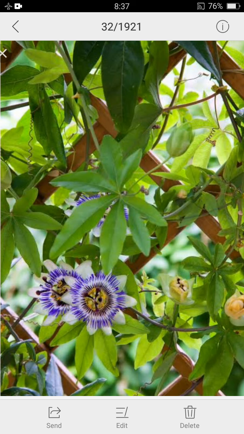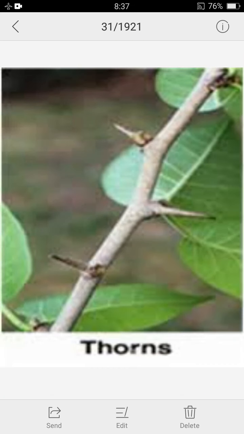Now I am going to explain one more important modification: how the axillary bud in some stems modifies into woody, straight and pointed structures called thorns. You can see on the screen thorns, woody, meaning very strong, straight in structure, and pointed in shape.